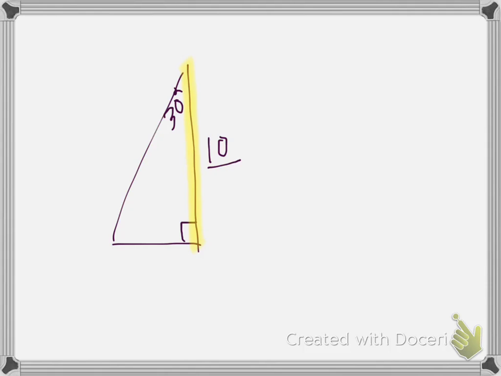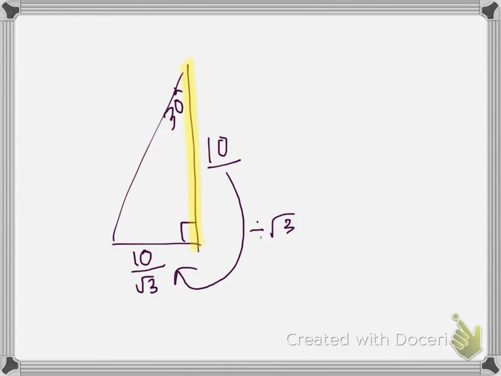If it's 10, a whole number, to get the short leg, remember, the short leg times the square root of 3 gives you 10. Well, I'm going from 10 to the short leg, so I'm going to divide by the square root of 3. So the short leg is just 10 divided by the square root of 3. When you're working backward, you divide by the square root of 3. When you're working forward from short to long, you multiply by the square root of 3.